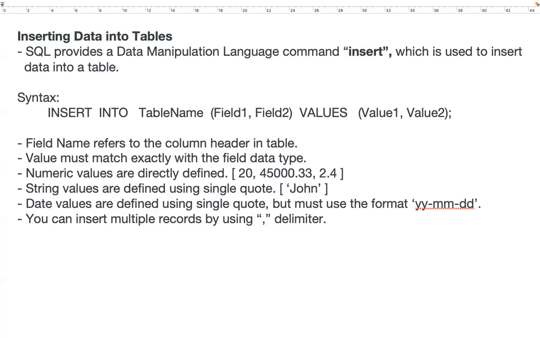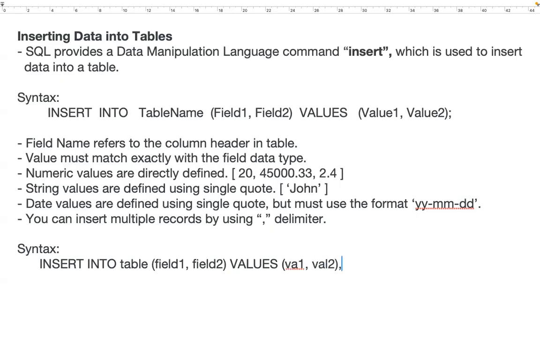So, creating a table and inserting data into a table. What does multiple mean? Syntactically we have insert into table, field 1, field 2, values, val 1, val 2, comma, again val 1 and val 2.